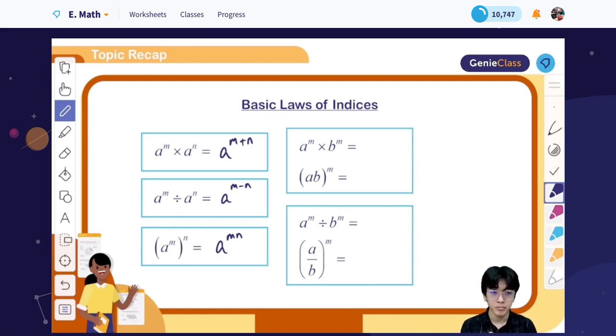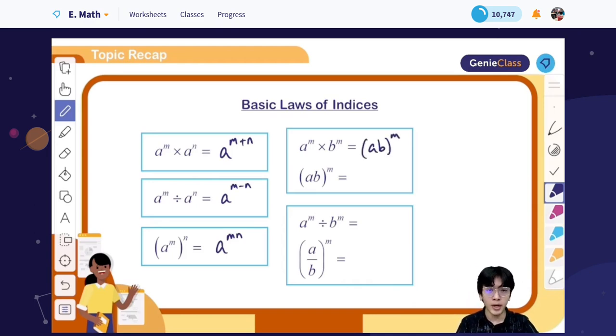Next, a^m times b^m. What happens when you have the same power but different base? It means that you can factorize the power, you can put the power outside: (ab) whole thing power m.